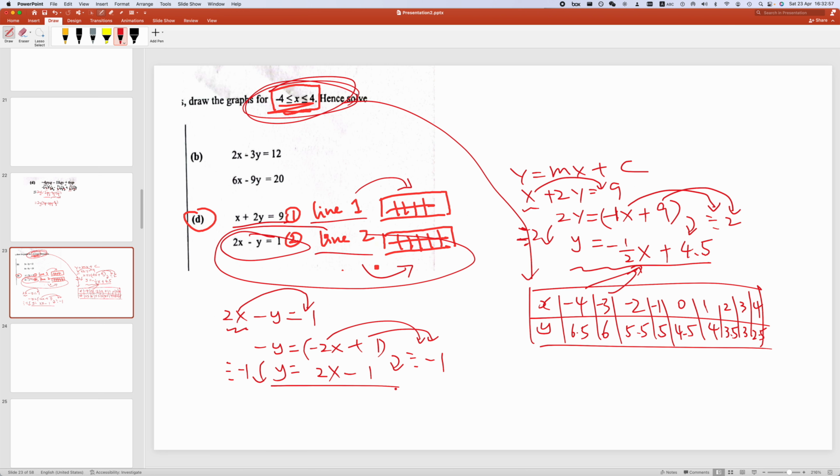So it should be y equals 2x. Divided by minus 1, yes. Over here is both of them. You need to put a bracket. So 2x divided by minus 1, minus 2x divided by minus 1. Yeah. 2x, yes. So 1 divided by minus 1.